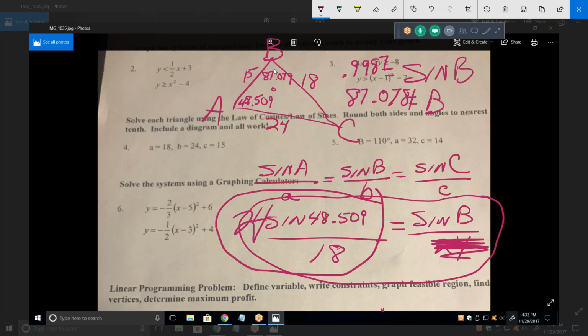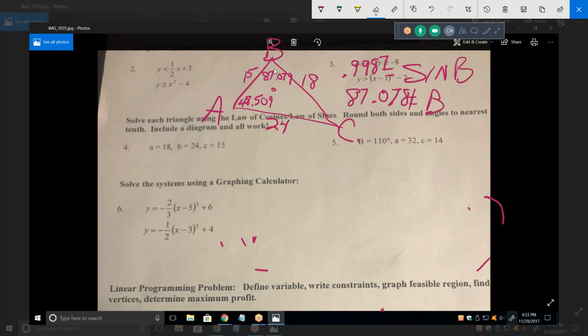Now, there's a sixth part to this triangle we haven't solved. How do we get angle C? You add A and B. You subtract them both from 180. Do that. Add those two numbers, subtract from 180, and tell me what you get. With all the decimals at the end? Again, you don't want to create round off error.